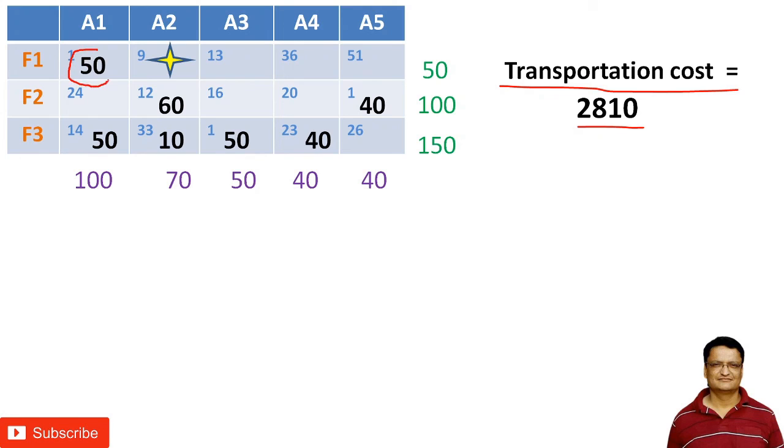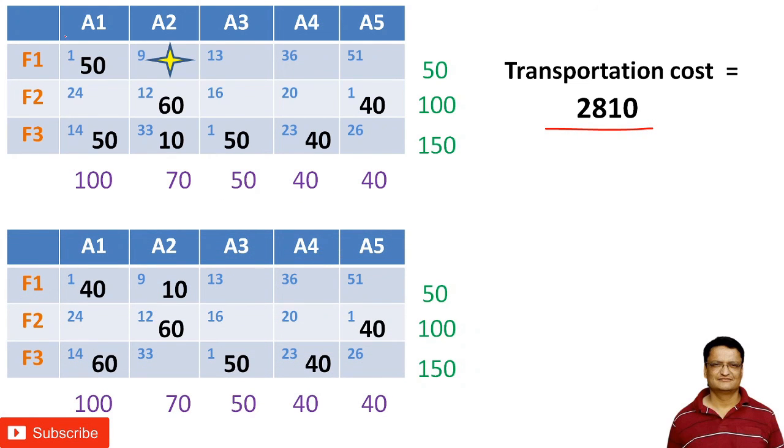I calculated it as 50 into 1 plus 60 into 12 plus 40 into 1 plus 50 into 14 plus 10 into 33 plus 50 into 1 plus 40 into 23, and that gave me the value 2810.